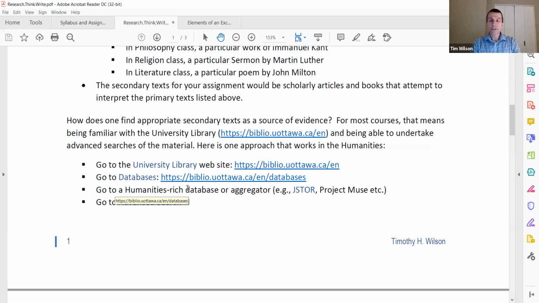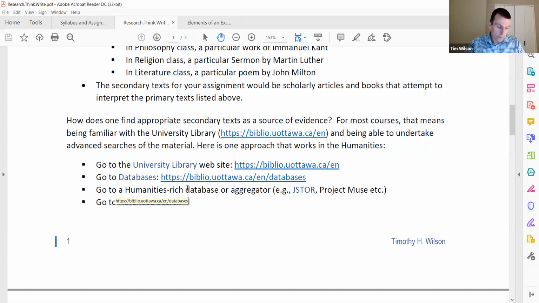Hopefully, you do get a chance to do that in your undergraduate career, if this is your first year here. Obviously, there's still opportunity for you to access the resources remotely, and the link is there.